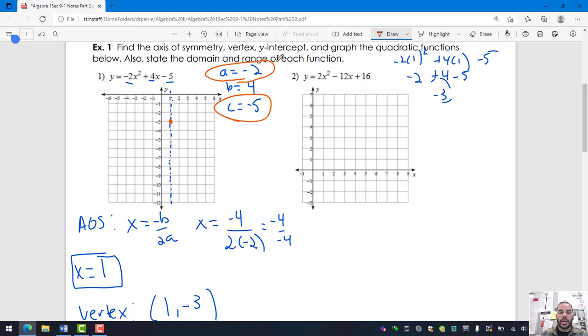In this case, c is equal to negative 5. So I know that one of my points should be negative 5. But if I have negative 5 as one of my points, what do I also have? I have the reflection across the axis of symmetry. So 1 unit to the left, I have negative 5. 1 unit to the right, I should also have negative 5.